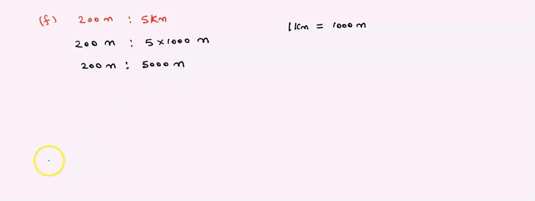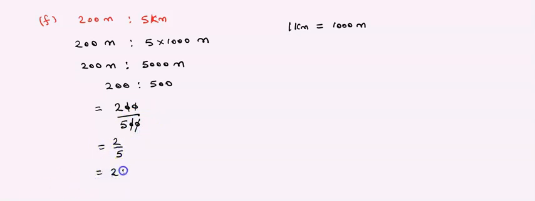As you can see, now both are in the same units, right? That is 200 is to 5000. That can be written as 200 by 5000. So on both sides the 0s get cancelled. So the final step is 2 by 5. 2 by 5 can also be written as 2 is to 5. So 200 meters is to 5 kilometers is nothing but 2 is to 5.